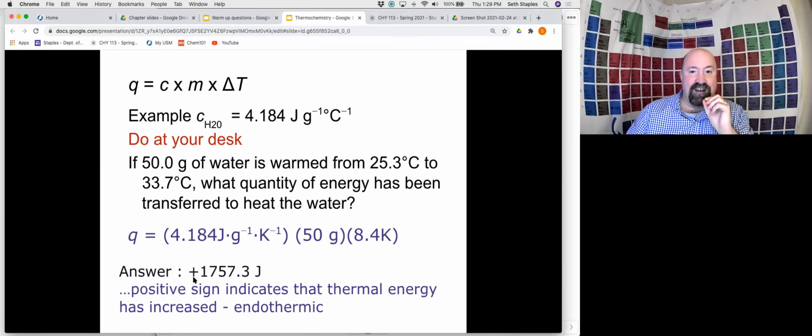The positive sign indicates to us that the energy has increased. And so this was an endothermic process. And that should just make sense to you, right? If we're warming up water, then energy is certainly being transferred into the water. And so energy transfer going into the system is an endothermic process. In this case, the water is our system.